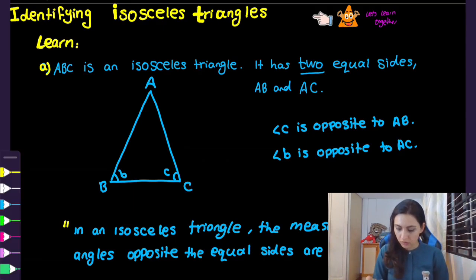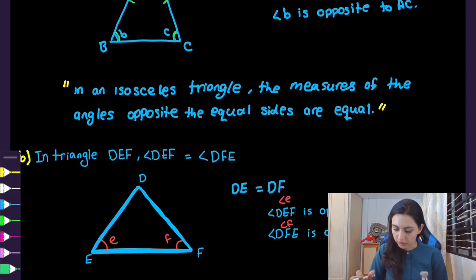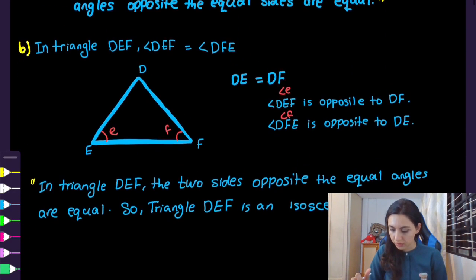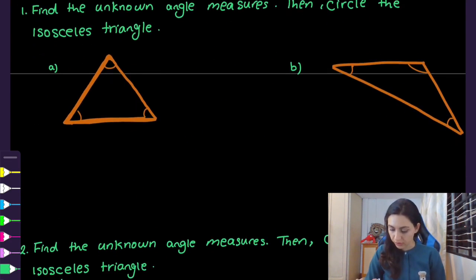Okay, so we talked about the isosceles triangle, in which two sides are equal as well as two angles. Then we talked about the equilateral triangle.